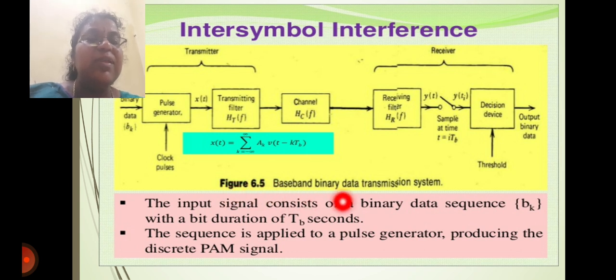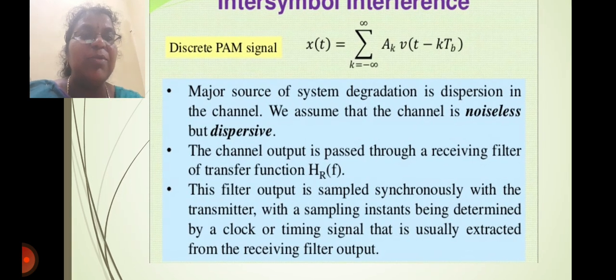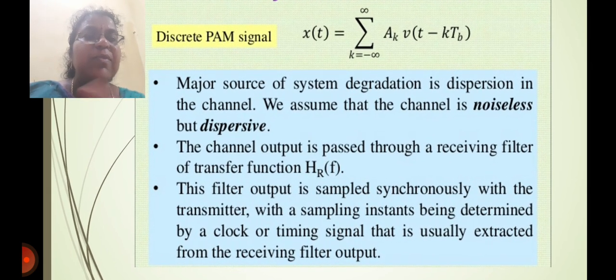The input signal consists of a binary data sequence b_k with a bit duration of Tb seconds. The sequence is applied to a pulse generator producing the discrete PAM signal, the pulse amplitude modulated signal. The PAM signal is represented by the equation x of t equals sigma k equals minus infinity to infinity a_k v of t minus kTb.